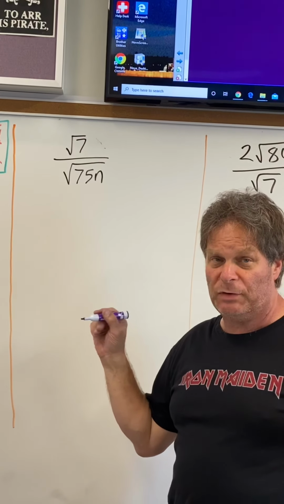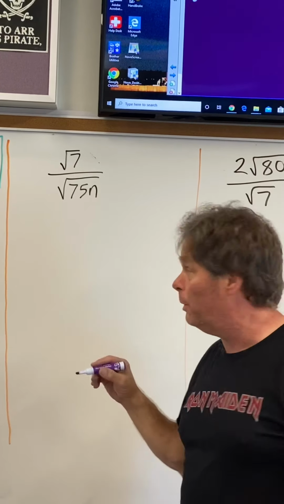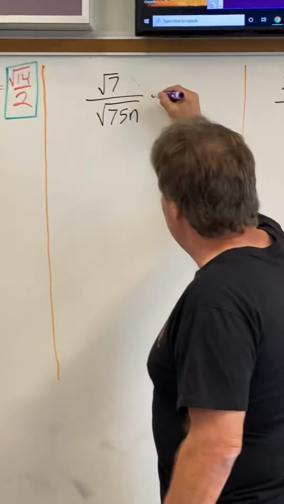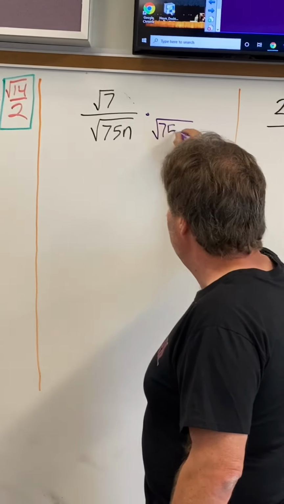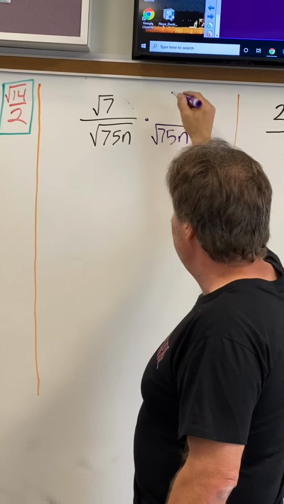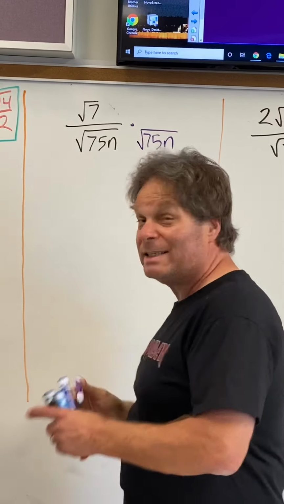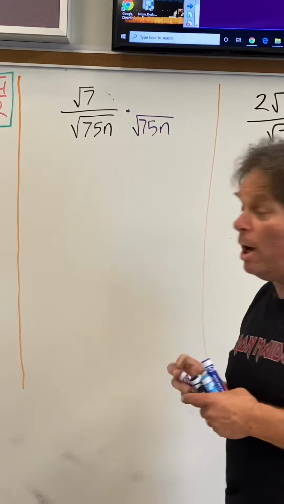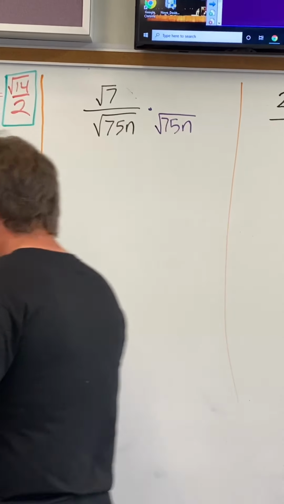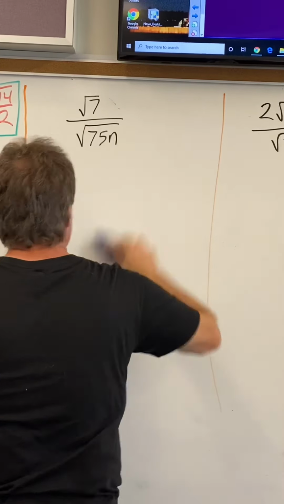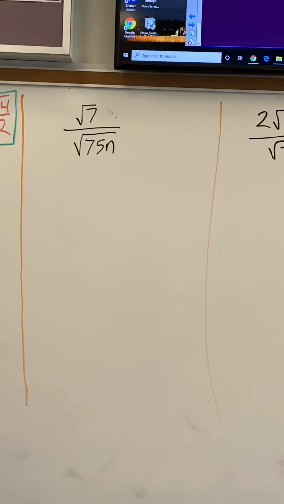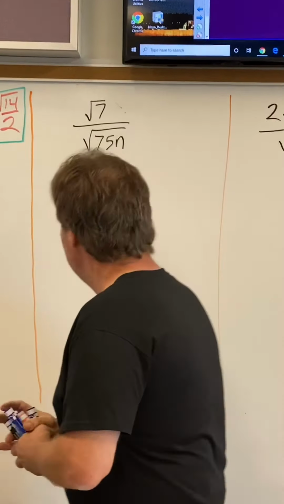I'm going to erase it in just a second. I just want to show you what's possible though. You could say, well, to get rid of this root 75, I could just times by the same thing, root 75 on top and root 75 on the bottom, but that's not what I'm going to do. I'll show you why in just a minute. It's going to be easier. I like to do things the easier way, so hopefully you guys do too.